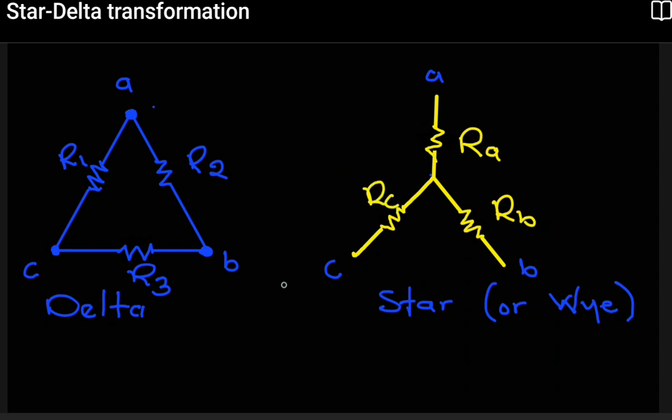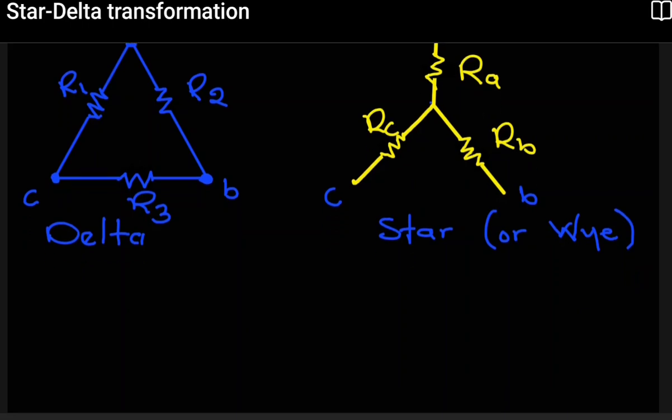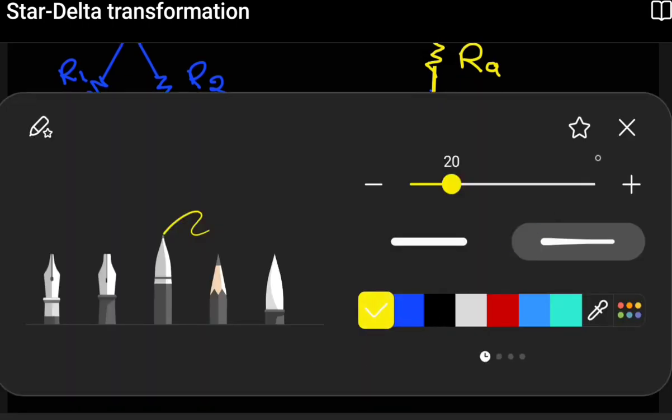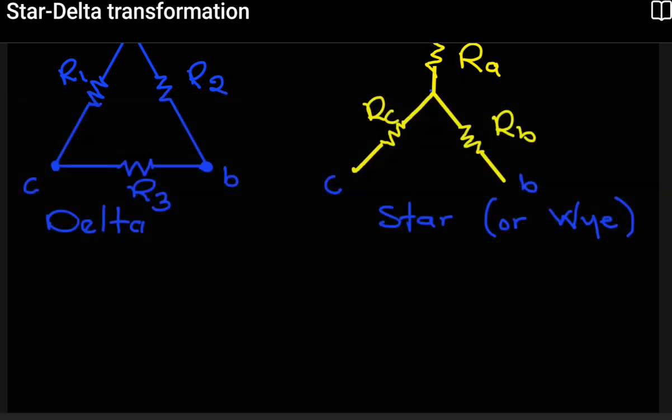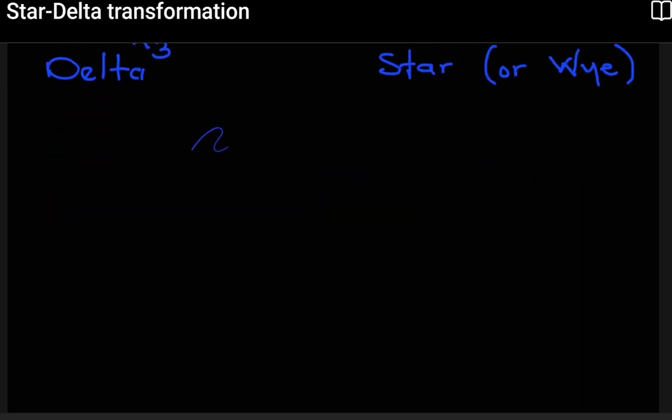The trick to making the conversion, the first thing I want you to do, is redraw the delta with the star inside. So I'm going to quickly sketch the delta. I'll make it a little bit bigger.